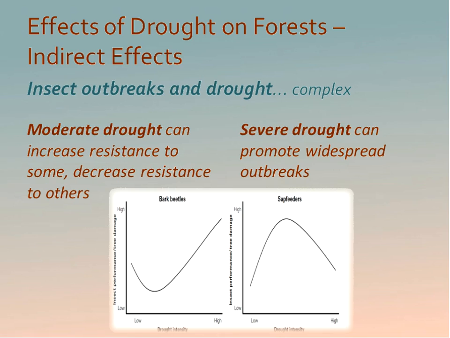It's also allowed these insects to expand their range both latitudinally, so impact the forest in more northern latitudes than it ever would have before. Part of that is warming, but also the interaction of warming and drought, but also move up in elevation to impact trees growing at elevations that they'd never impact before. But moderate drought for a lot of tree species seems to actually increase their resistance.